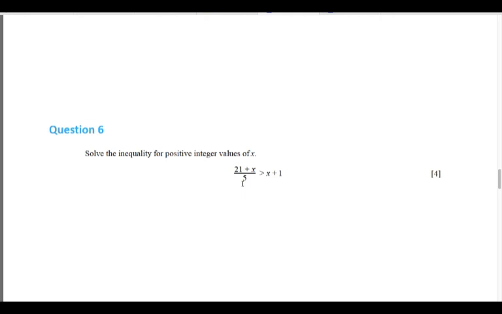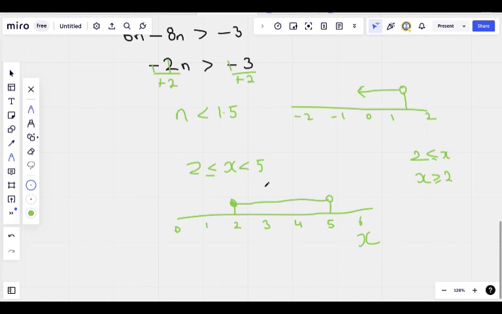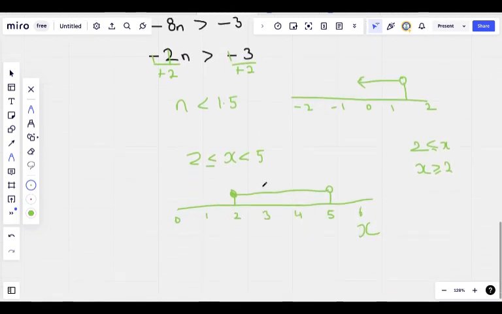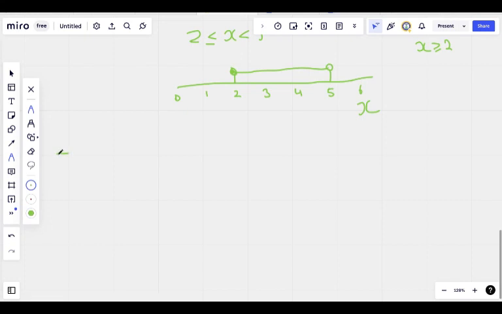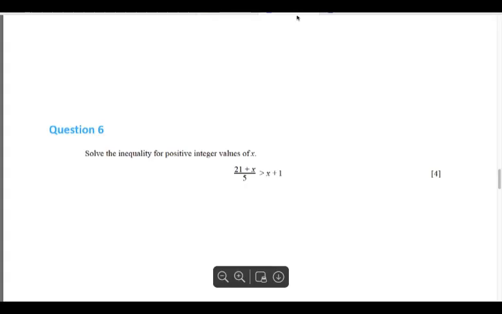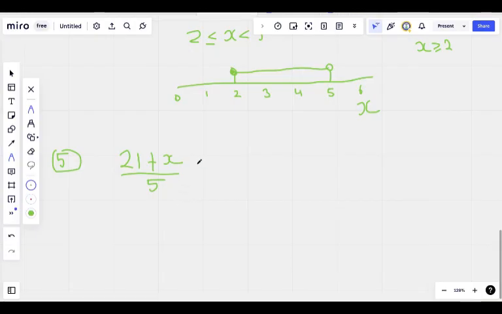This is question number 5: 21 plus x over 5 is greater than x plus 1.